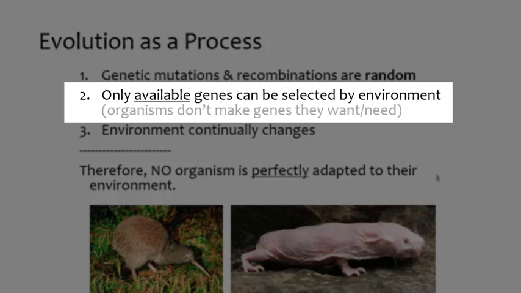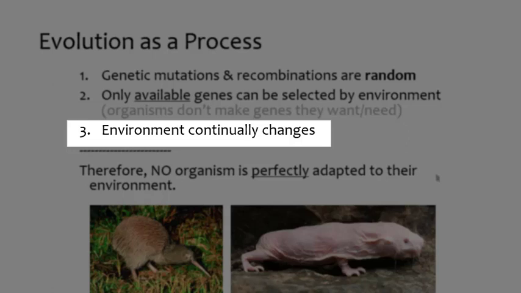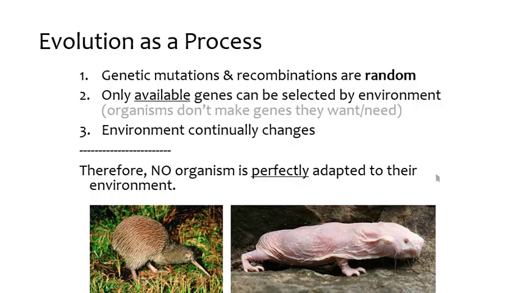So while the best possible traits are selected for in that environment, they are never perfect traits because they are not intentionally produced. Also, since the environment constantly changes, the traits are always a little bit behind. This results in the big concept that there is no perfectly adapted species for its environment.